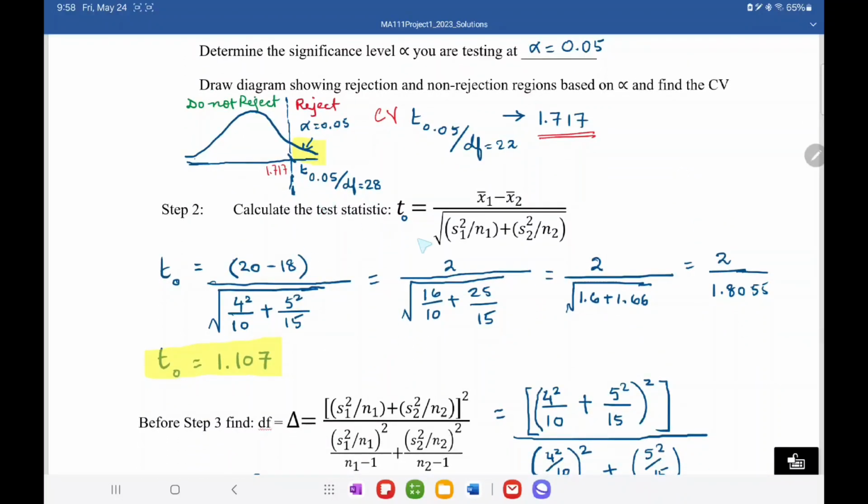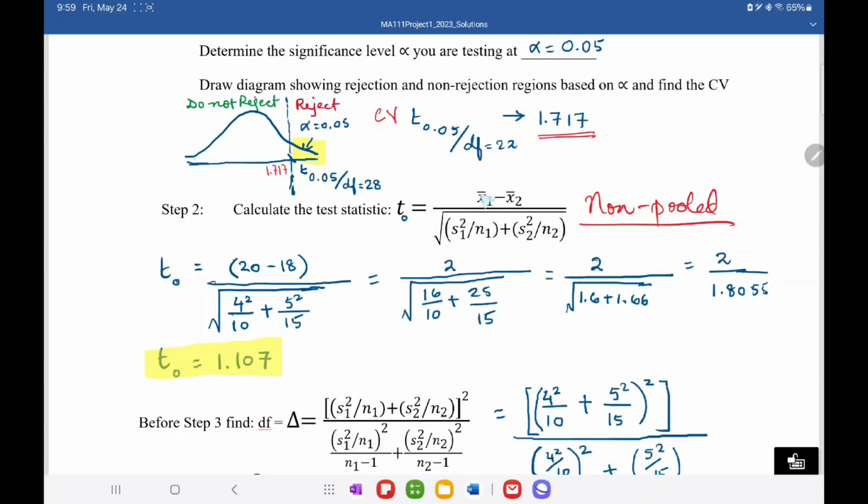So now we calculate our test statistic. This is the formula for the pooled test, and this is the formula for the non-pool test. We are using the non-pool test. So make sure that you pick the right formula from your formula sheet if it's not given to you. If it's given to you, then use whatever formula is given on the test.